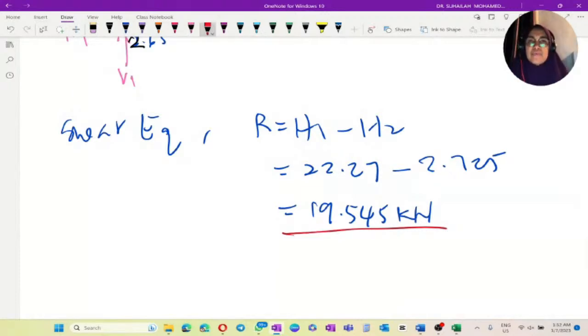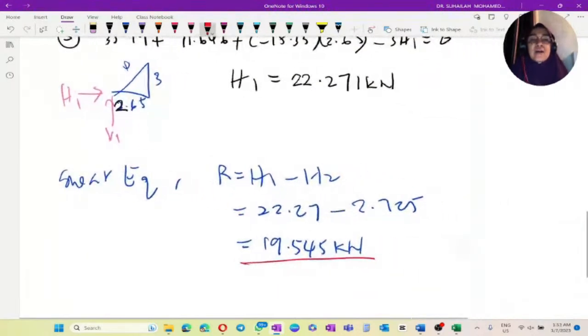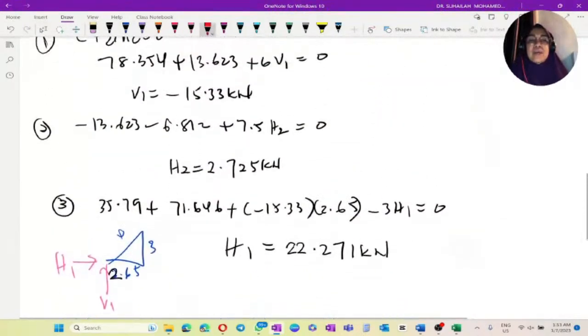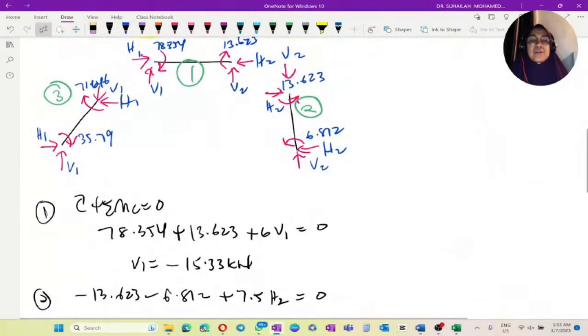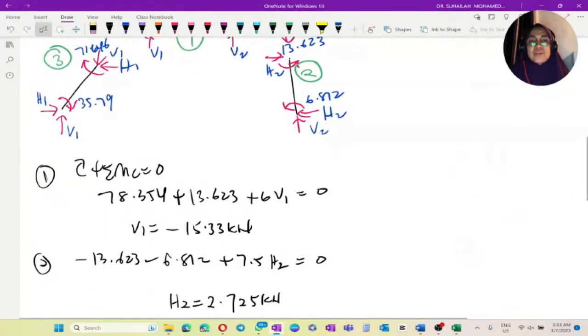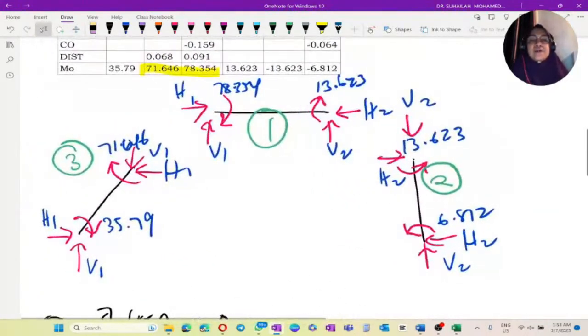Remember we have to have the table, and from the table we have the end moments, and from the end moments we calculate the shear equation by analyzing a diagram like this. From this diagram, I have divided it into 3 steps: step number 1, step number 2, step number 3 as labeled.